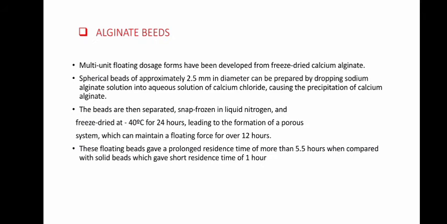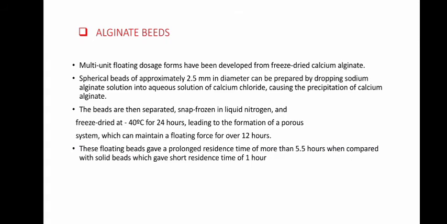Spherical beads of approximately 2.5 mm in diameter can be prepared by dropping sodium alginate solution into aqueous solution of calcium chloride, causing the precipitation of calcium alginate.